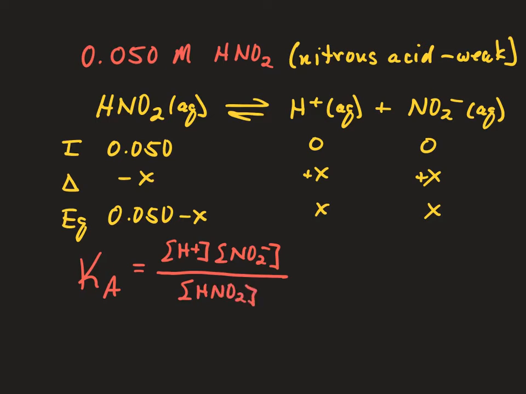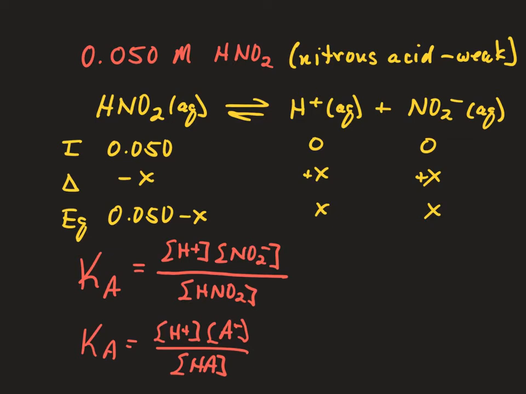Generically, we could put it like this: concentration of hydrogen ion, concentration of anion, divided by concentration of undissociated acid. And so this becomes an equilibrium problem, and we've defined a new equilibrium constant, the Ka, the equilibrium constant for acid dissociation.